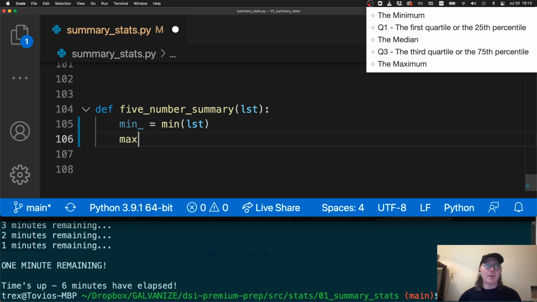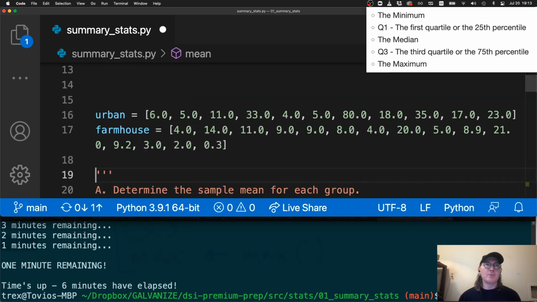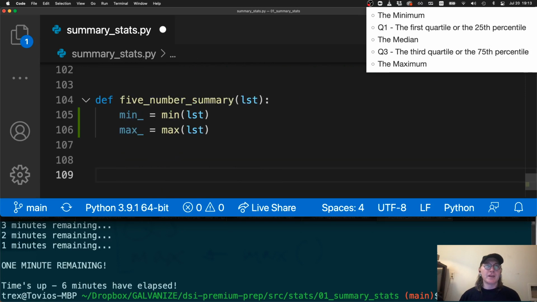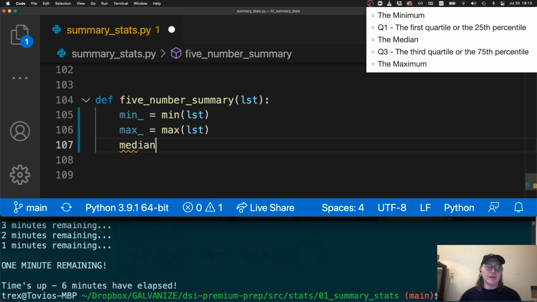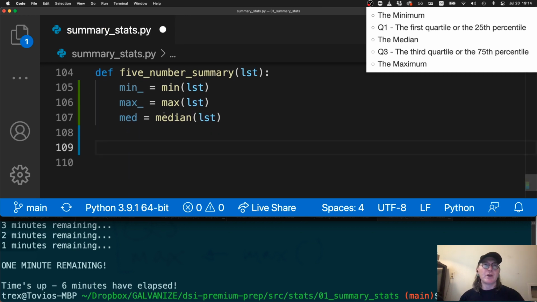I'm going to get the max, which will just be max of list. And since we have median above, it's right there. I can just get the median, which I'll call med, and that'll just be the median of the list. So that's a good measure of the way there.